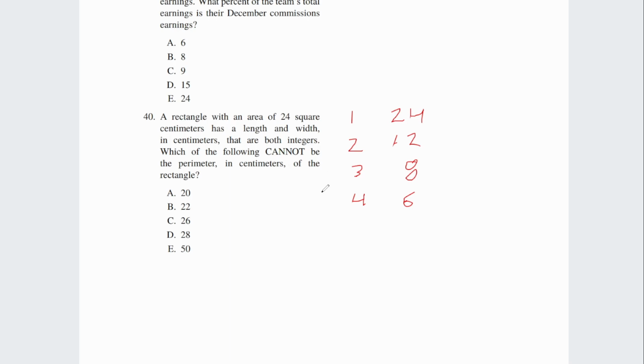So which of the following cannot be the perimeter? So we know that it's 2 times the sum of whatever these numbers, because this is one side, this is the other side, and then we likewise have 2 more sides just like those previous 2.